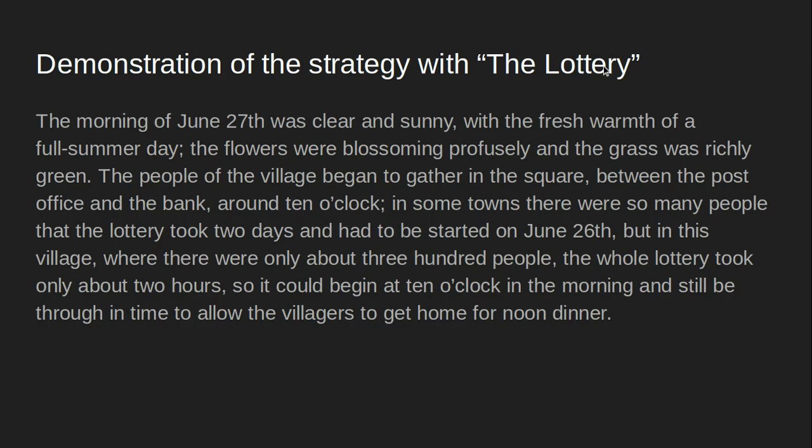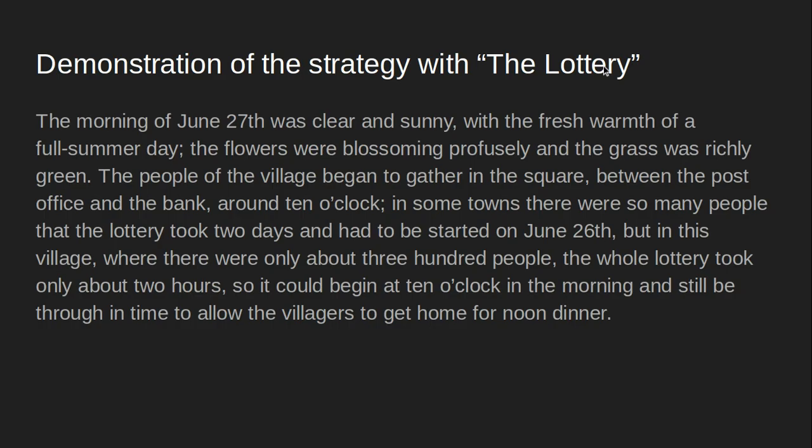Around 10 o'clock in some towns, there were so many people that the lottery took 2 days and had to be started on June 26th. But in this village, there were only about 300 people. The whole lottery took only about 2 hours, so it could begin at 10 o'clock in the morning and still be through in time to allow the villagers to get home for noon dinner.